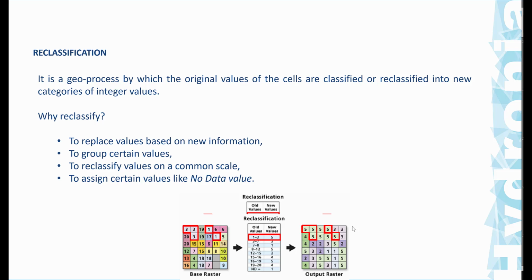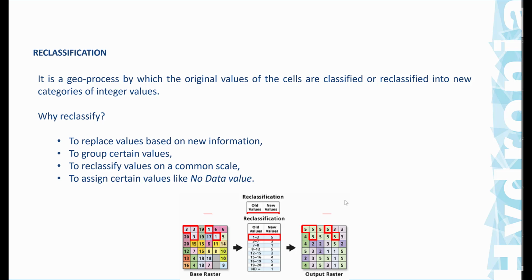Another useful tool that you may want to explore in the future is reclassification. It's a geoprocess by which the original values of the cells are classified or reclassified into new categories of different integer values.